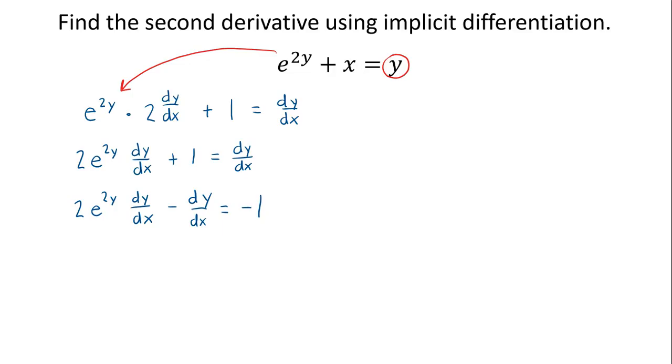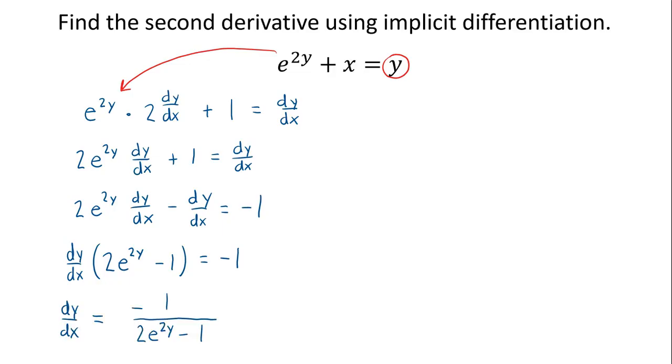Now let's factor out dy over dx from both terms on the left. And that gives us this equation. Now, to solve for dy over dx, the first derivative, we'll divide both sides of the equation by the difference 2 times e to the 2y minus 1. And there's our first derivative.